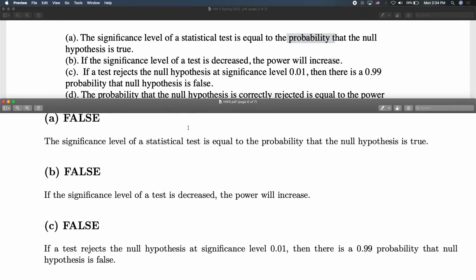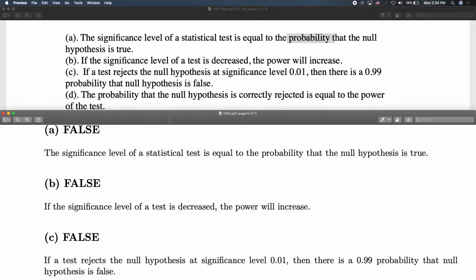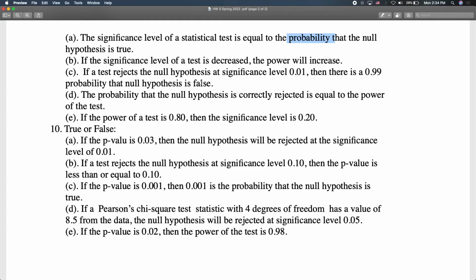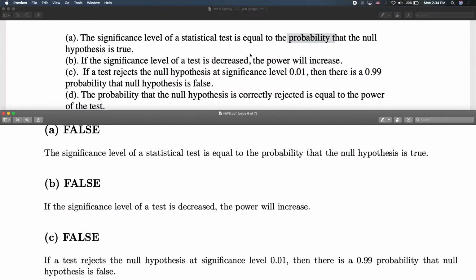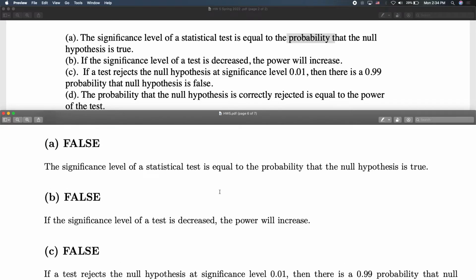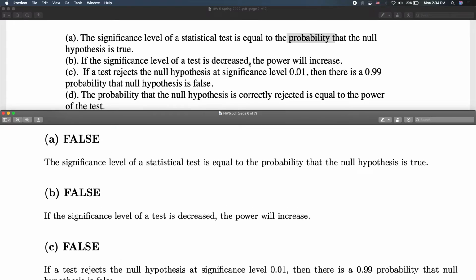You can refer to any graph that has both significance level and power, and you can see how you shift the line, and they do not always move in the opposite direction. So this is going to be false, but it is easier to see from that graph. Once you shift the line, you will see that the significance level and the power can also increase at the same time.